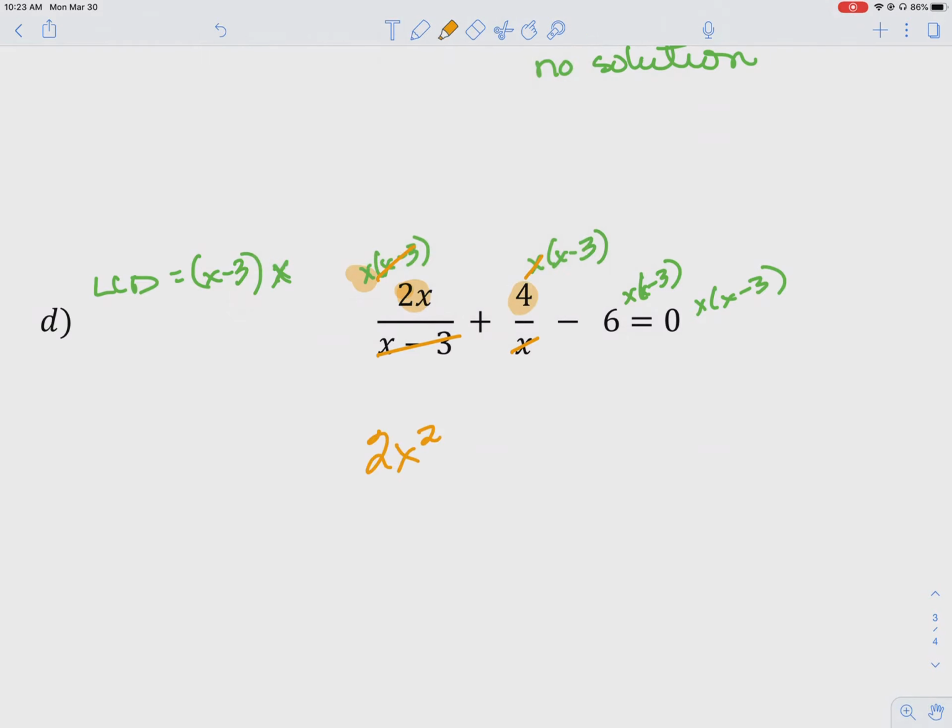We've got a 4 and an x minus 3, plus 4 and an x minus 3. And then we have all of this left, right? So we've got 6x and x minus 3. And then anything times 0 is going to give me 0. So I need to go ahead and distribute everything.